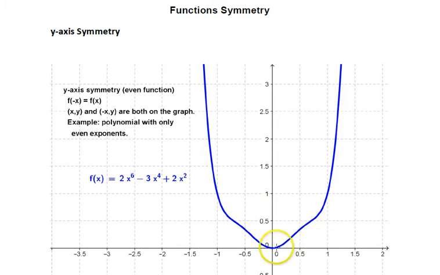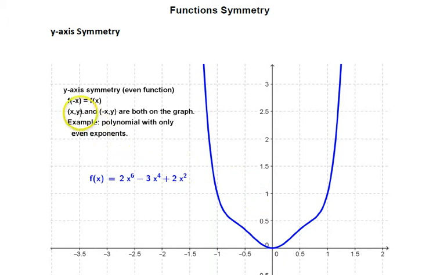If we look at f at minus x on the other side, it's the same height up because it's a mirror image. That's another way of saying it, is that f at minus x over on the other side of the origin has the same y value, the same graph value. That's what makes it y-axis symmetry.